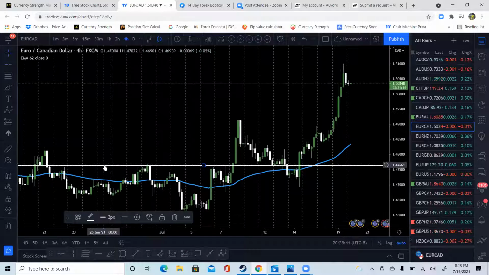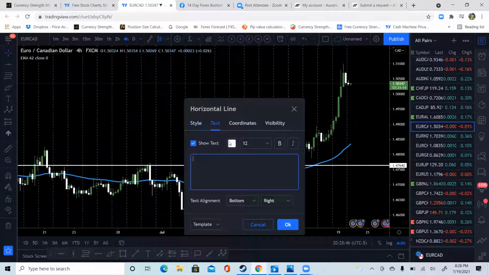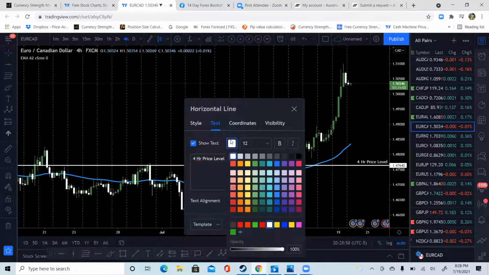So you can go through and do something like this where you mark up your chart. So 4-hour price level. I want it on the top, on the right side. And let's say I have a color code, right? So let's say my color code for 4-hour is blue.